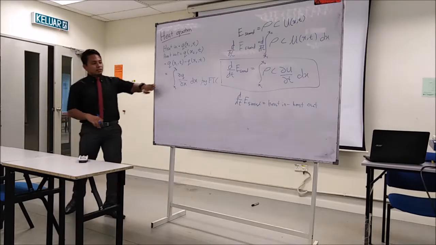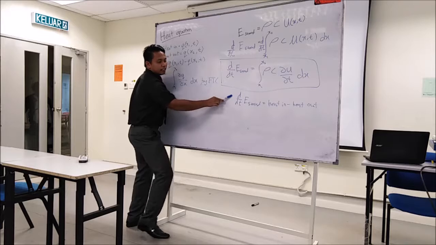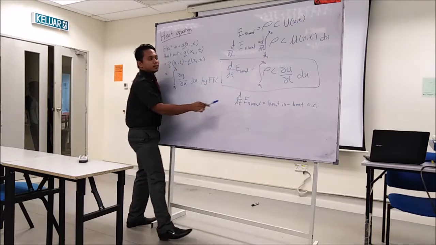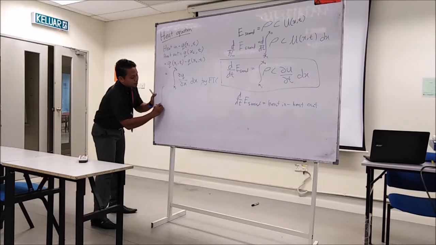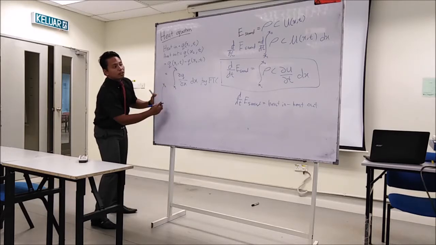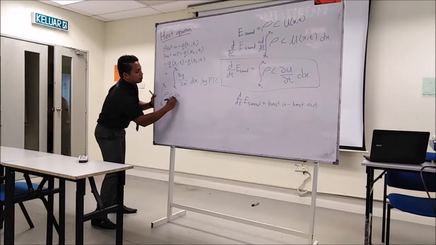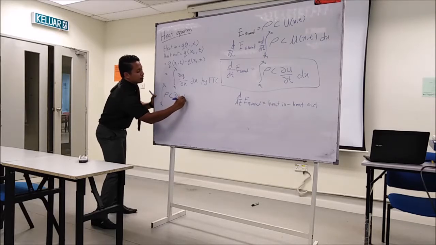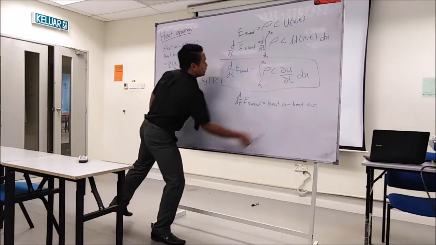So we stop here. What is this? Rate of change of energy stored. We have solved that to become like this. We will write that: integral from x1 to x2 of rho C del U over del T dx equals heat in minus heat out.